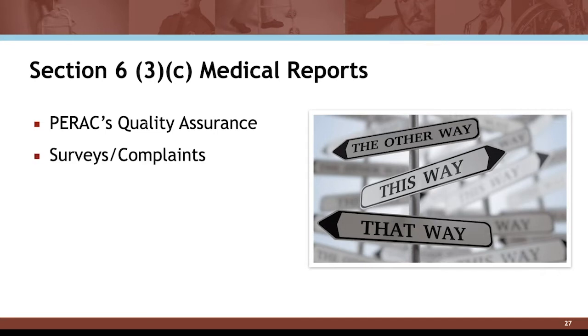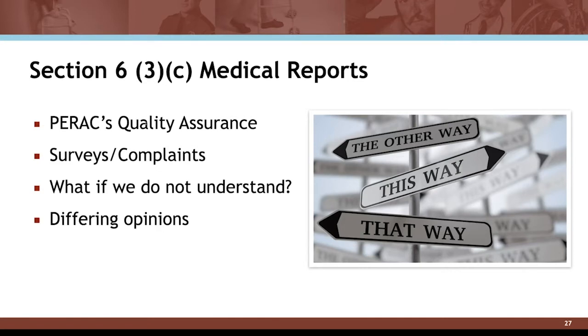A survey is also sent out for every appointment scheduled to the member. If we receive a complaint or negative survey about an examination, we follow up with them individually. If a board has a question about a report or they have received differing opinions, they can request a clarification.